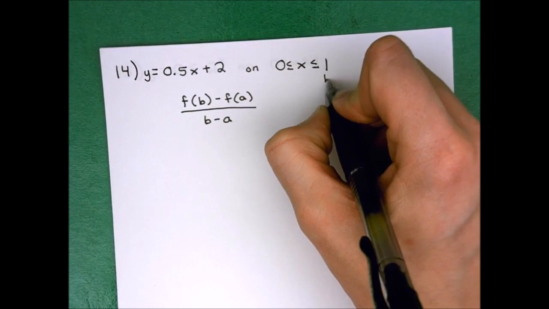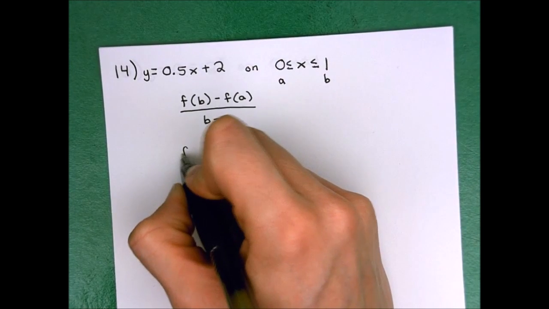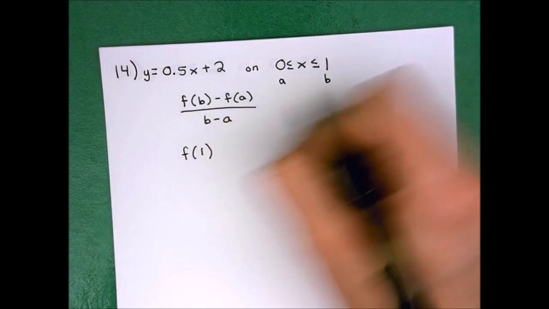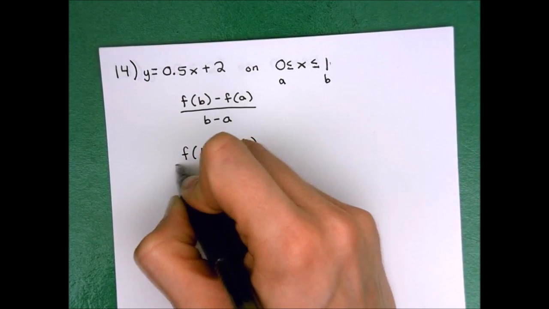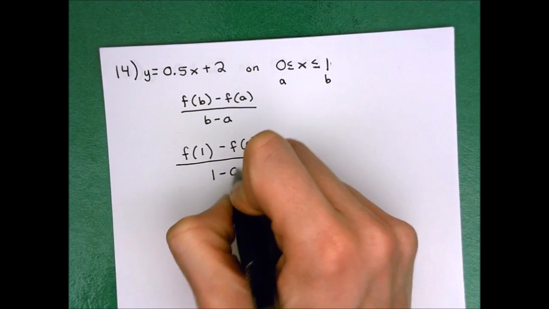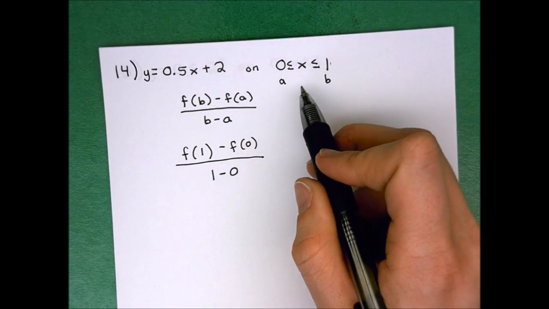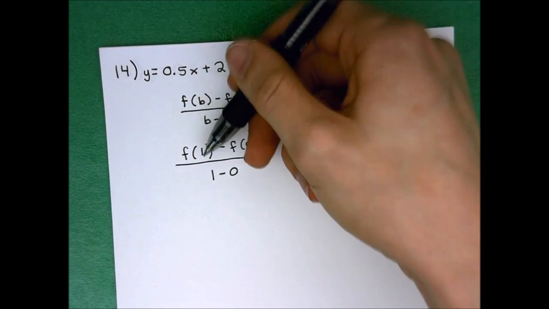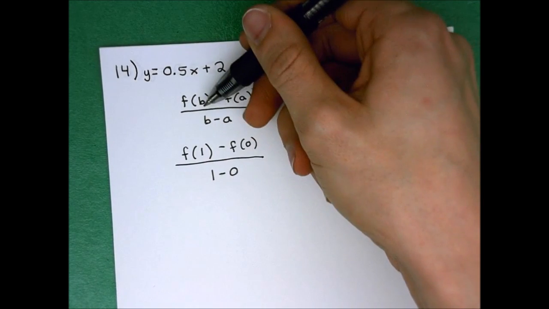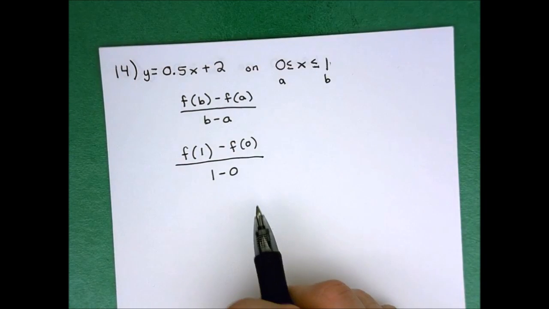So I can rewrite this formula using 1 for my b and 0 for my a. And we talked in class that it actually doesn't matter which one you call your b and your a, just make sure that they still stay lined up. If my 0 is my b, then it should be 0 over 0. If my 1 is my b, it should be 1 over 1. And same with the a.